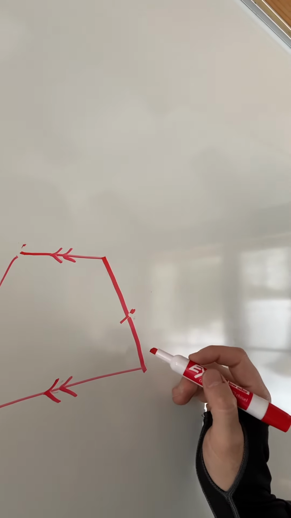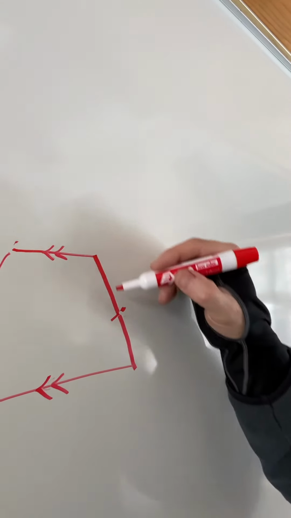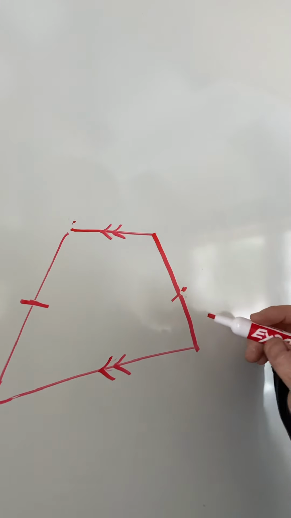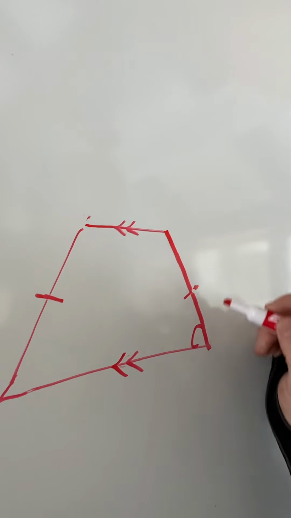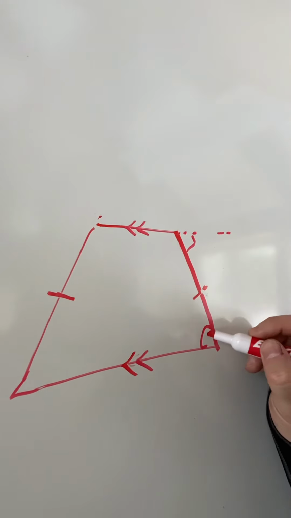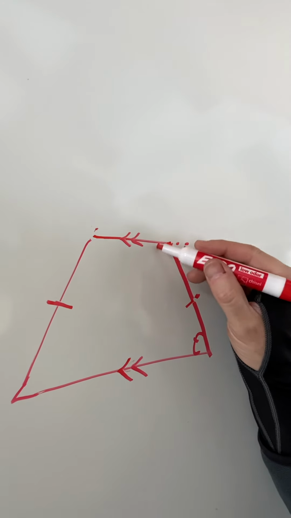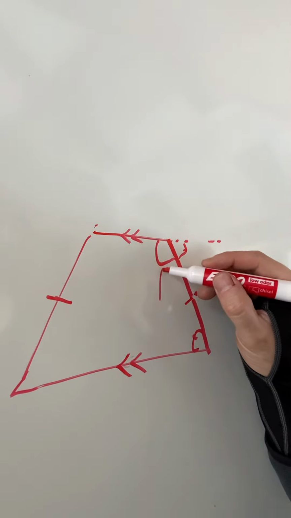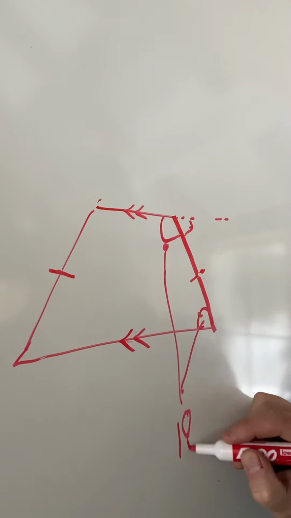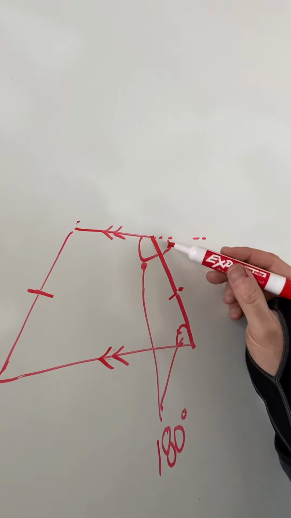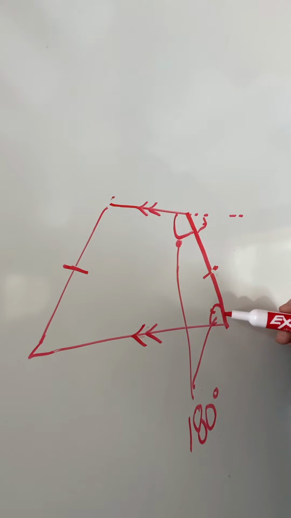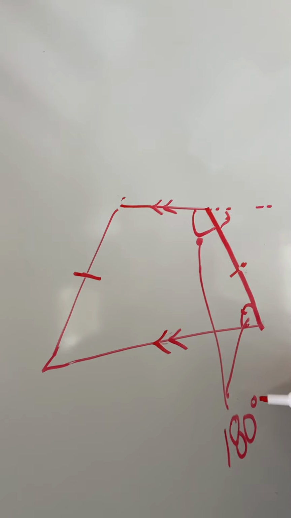One is, because we have a transversal of parallel lines, we know that this angle and this angle would be the same, which means that these two angles on the inside equal 180 degrees, right? Because that makes a linear pair right there, and this is the same as that. So that makes 180 degrees.